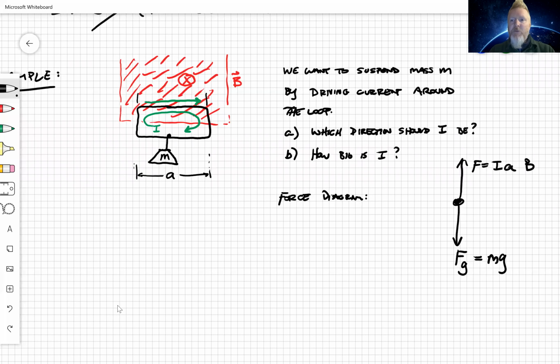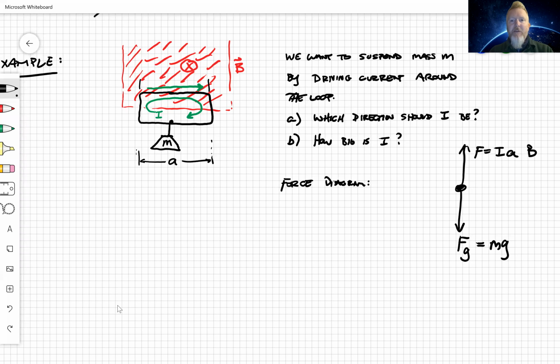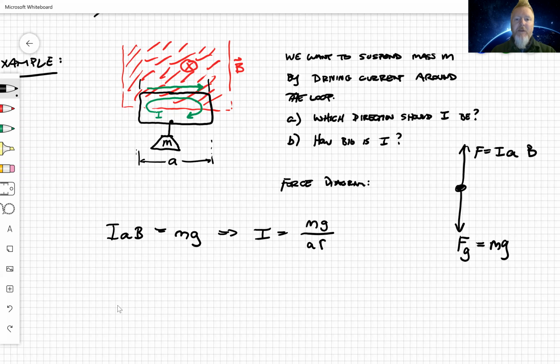And from here, if I just want to suspend that mass, then it's fairly straightforward to make a force balance and say that IAB upwards is equal to mg downwards. And so therefore I is equal to mg divided by AB. So that's not a big deal. This was really just about getting the current direction.